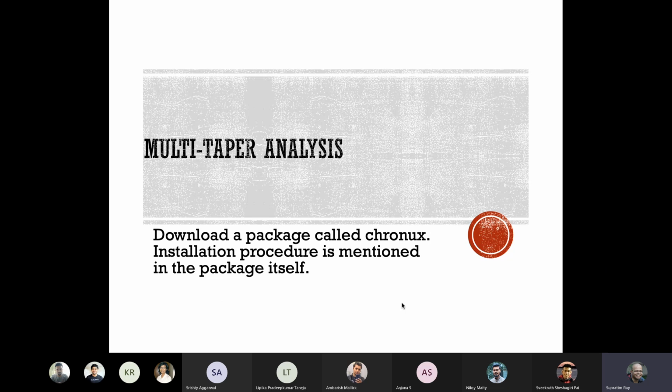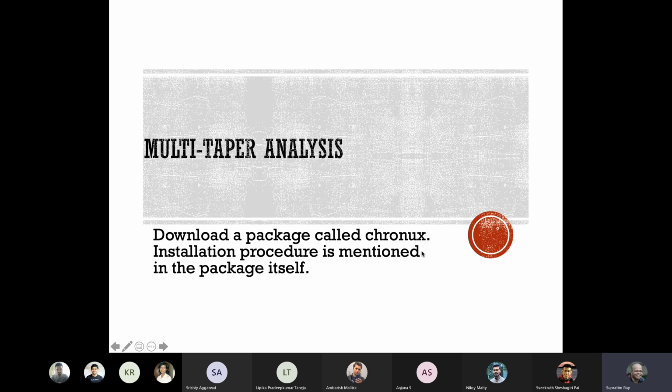Now we are going to talk about a way for us to address this variability issue. This thing is very popular in neuroscience. So multi-taper is extremely popular in neuroscience. There's a very nice package called Chronux.